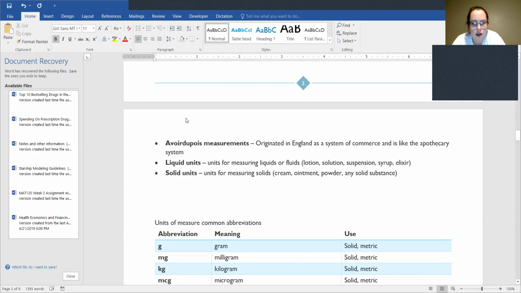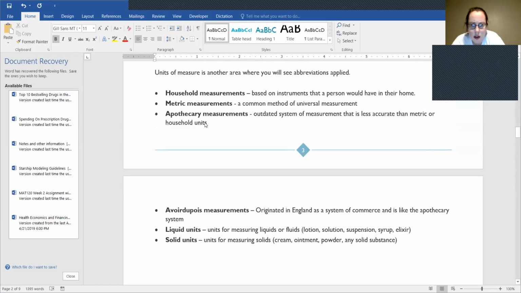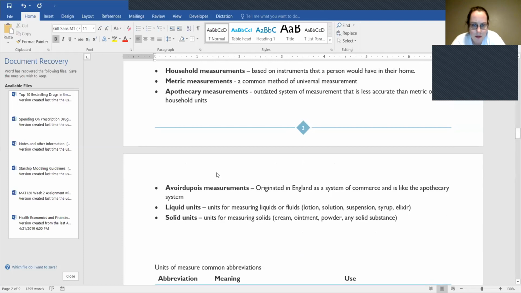So we will not worry about some of these measurements like apothecary. The avoirdupois is another system. It's very closely related to a mix of the household and the apothecary.